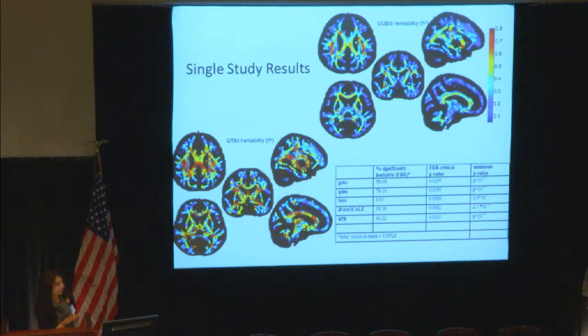When we break this down into what is actually significantly heritable in each data set, you see that in the GWAS data shown here, about 60% of all the voxels are significantly heritable, and this is after FDR correction. QTIM was closer to 80. However, there was one, TAUS, which was 1.6% heritable.